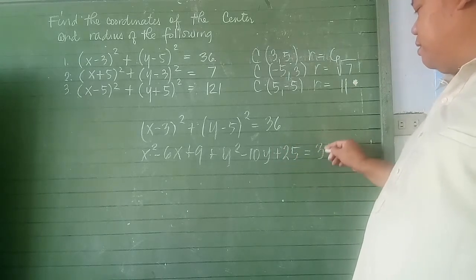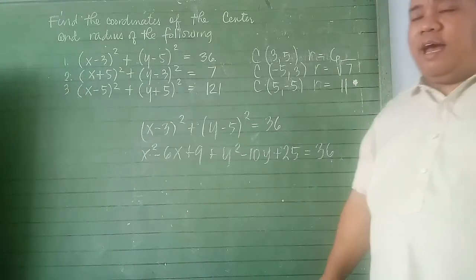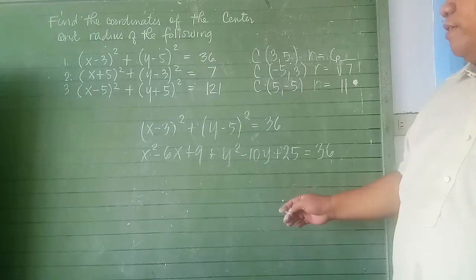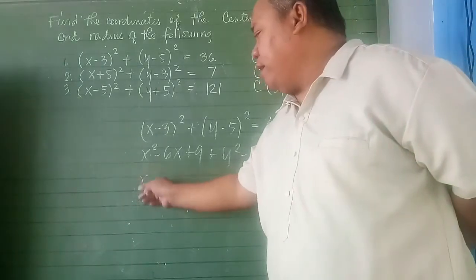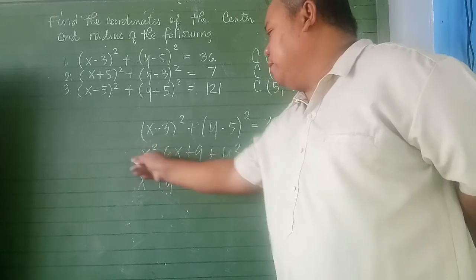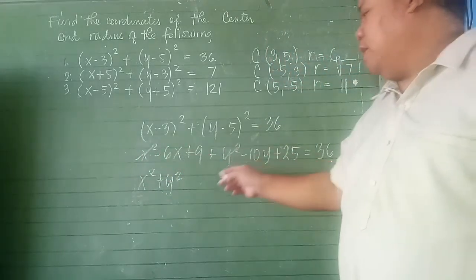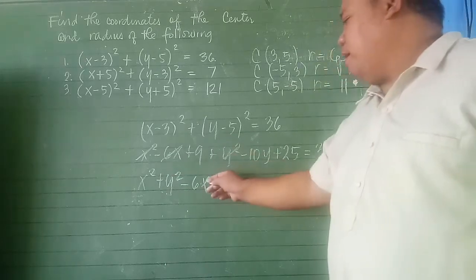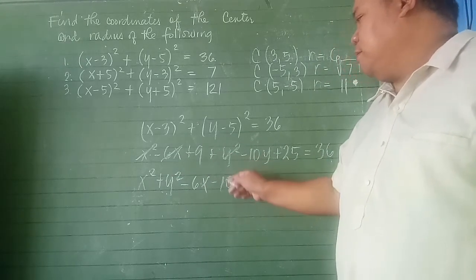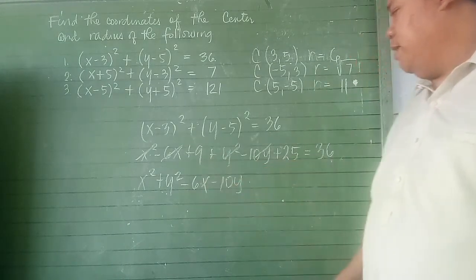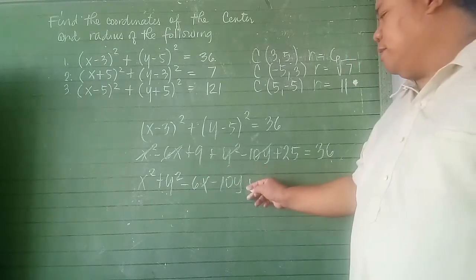All equals 36. Again, let us arrange the equation according to the general form of the equation of the circle. So this could be x squared plus y squared, then minus 6x minus 10y, and then we add the constants here, 9 plus 25, and that is 34.